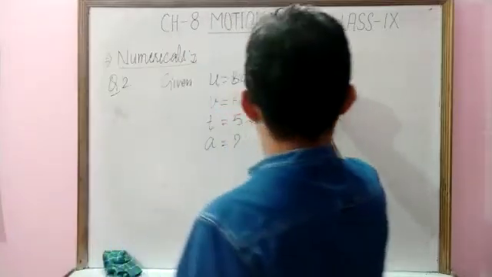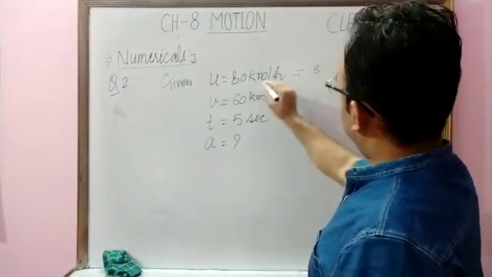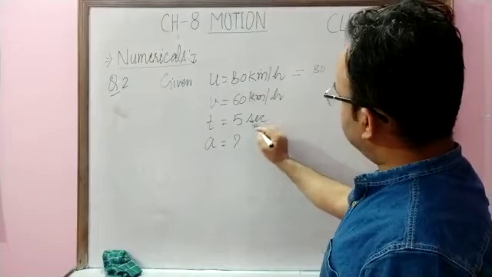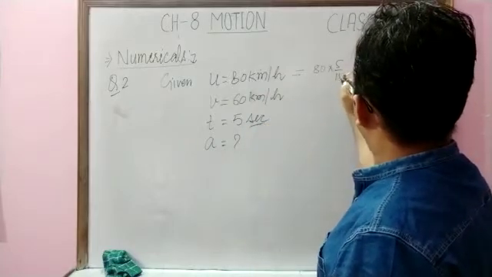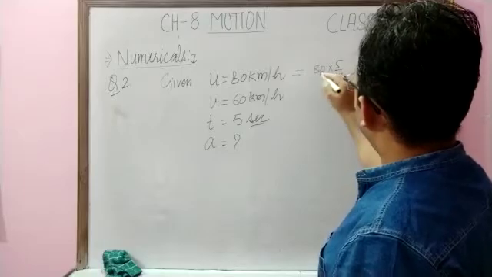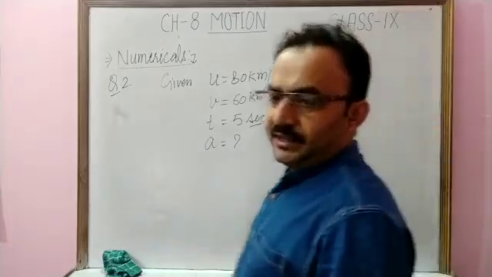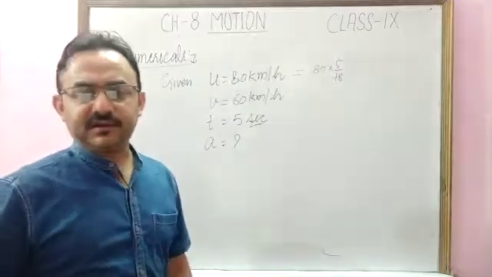See, kilometer per hour you have to convert into meter per second because time they have given in seconds. 5 by 18. Then you will write here 80 into 5 by 18.